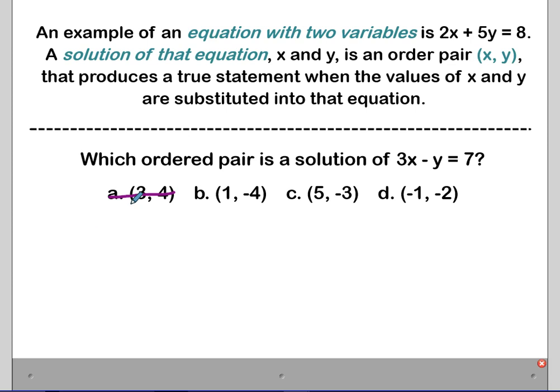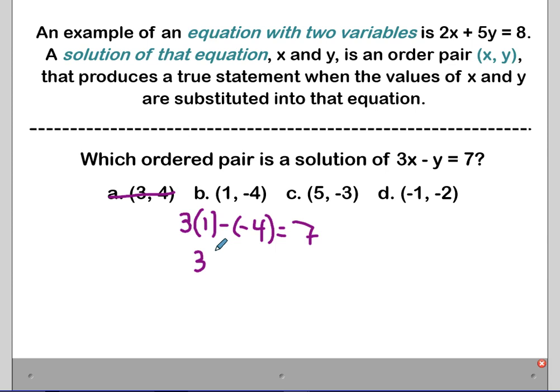so we'll try B. So we're going to do 3, my x value is 1, so times 1, minus negative 4, equals 7. 3 times 1 equals 3.